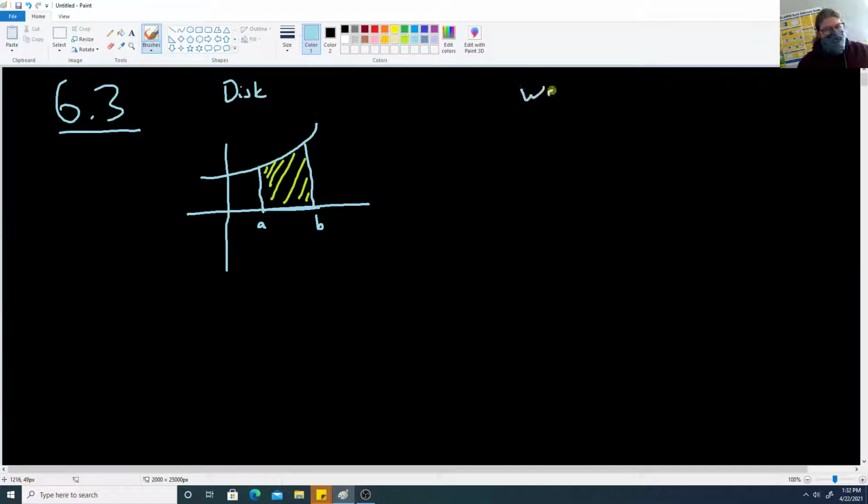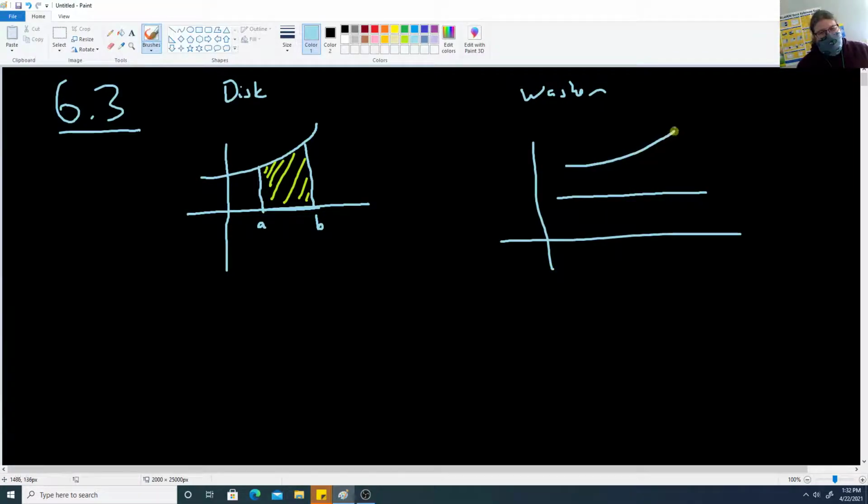For the washer method, this is if you have a region, and say we're dealing with two different curves again, and we're looking at some region, and the area we want to revolve around the axis, there's a gap there. Because when you revolve something like this about the x-axis, there'll be a gap in the middle where nothing is.